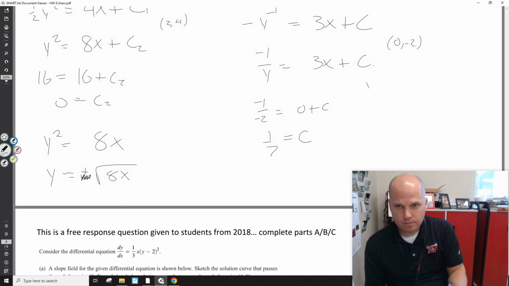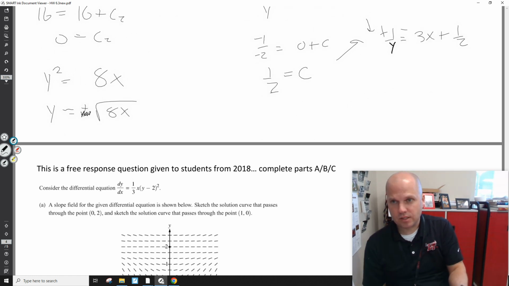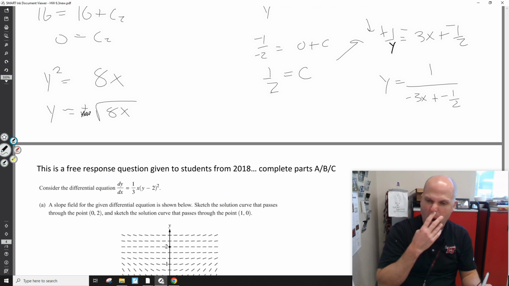That gives me negative 1 over y equals 3x plus 1/2. Take the opposite of both sides. Flip both sides, putting the entire right side of the equation underneath a 1.